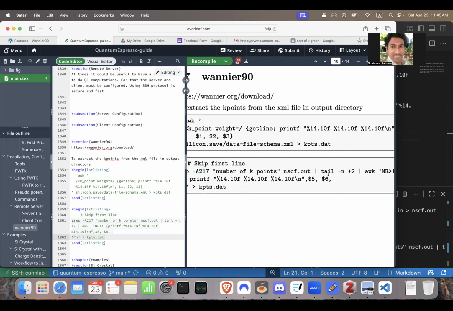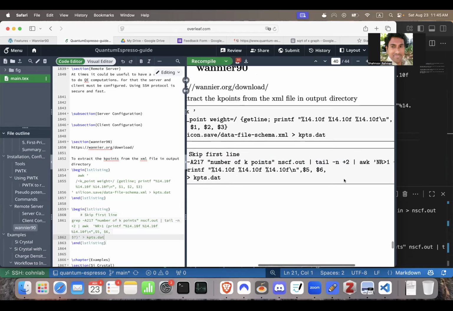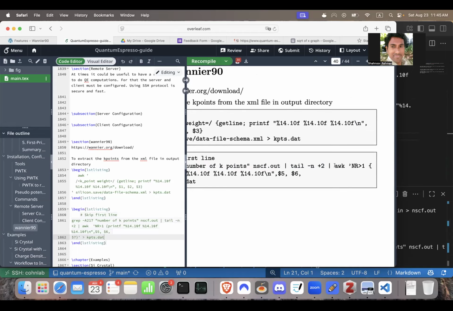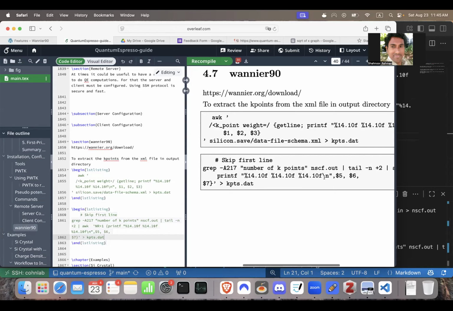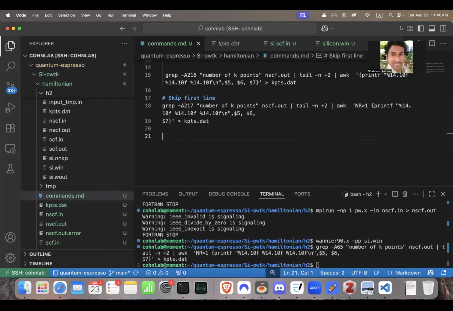While using it, I build the command and then I forgot. But then this awk command will skip the first line and then read columns 5, 6, and 7. Those are basically the K points. You can direct the output to the kpts.dat file, and you have the K points.